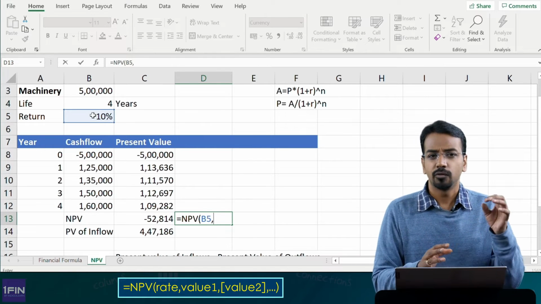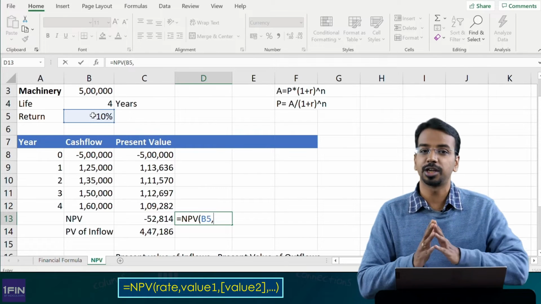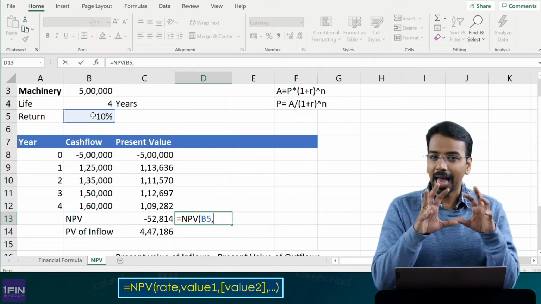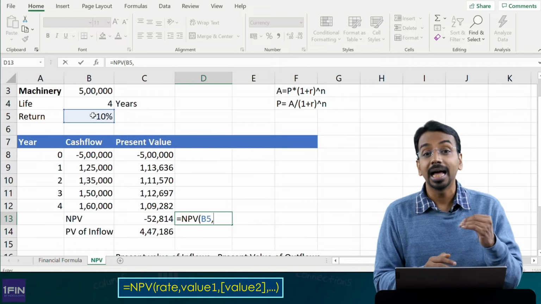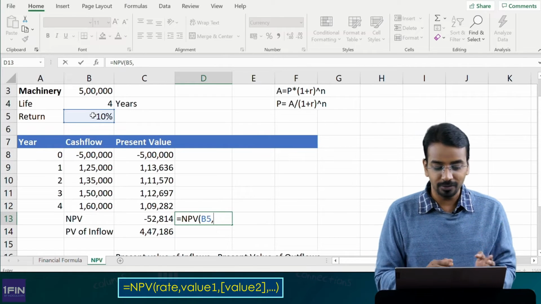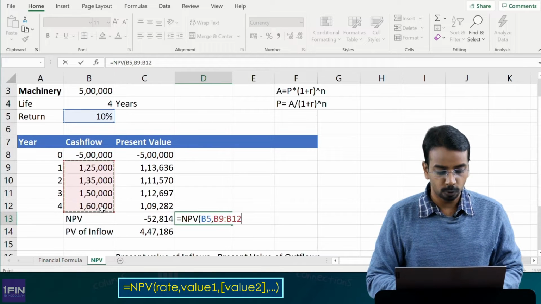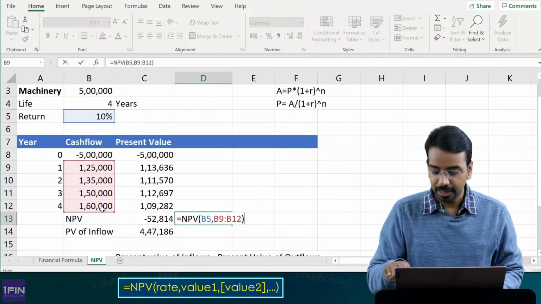Now in this case, we will just select the inflows first and check whether this formula is working properly or not, and then we will include the outflow and see what was the difference, and then we will try to move on to the improvisation of NPV, which is the XNPV, right? So NPV, B5 is my rate, and I will select all the inflows year 1, year 2, year 3, year 4, and I will close the bracket and I will hit enter.